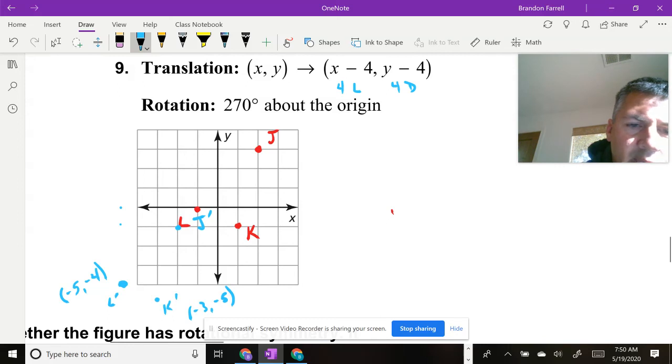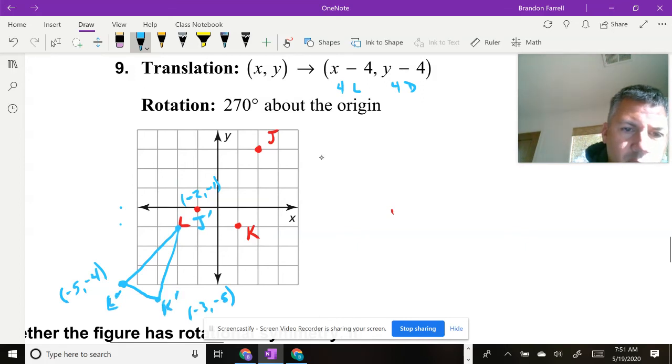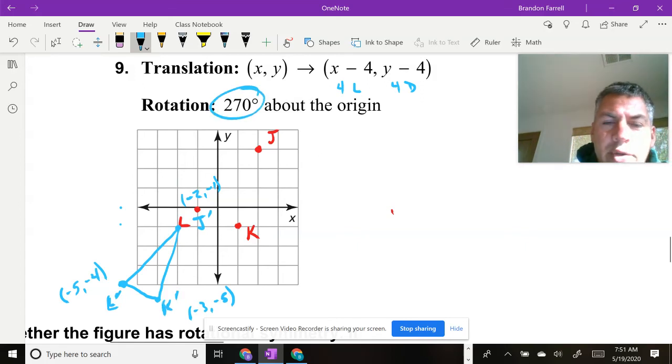And that's going to be -2, -1. So there's my triangle. Okay, so that triangle is going to be L prime, K prime, J prime. And now I'm at 270 degrees.